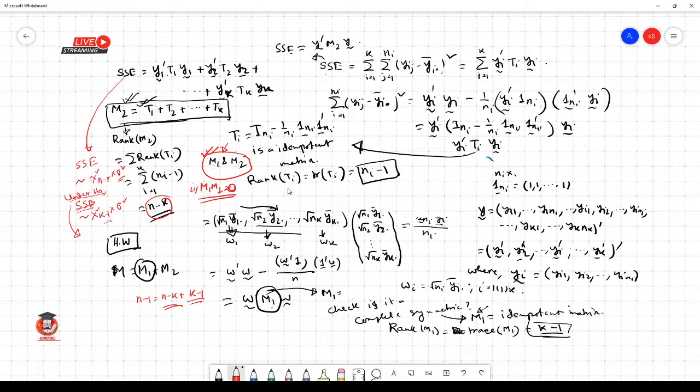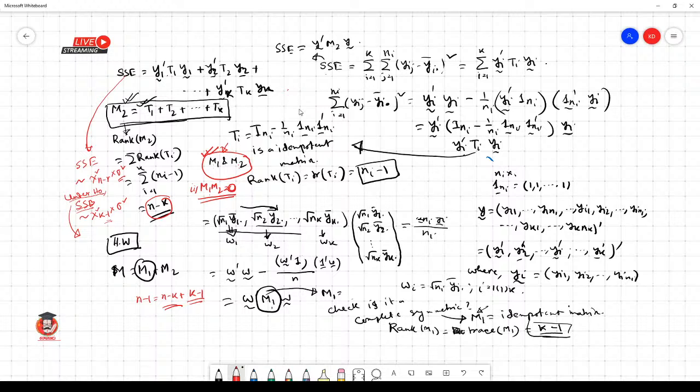First you find M1, M2, and so on. Among these three conditions, see which is easier to compute.